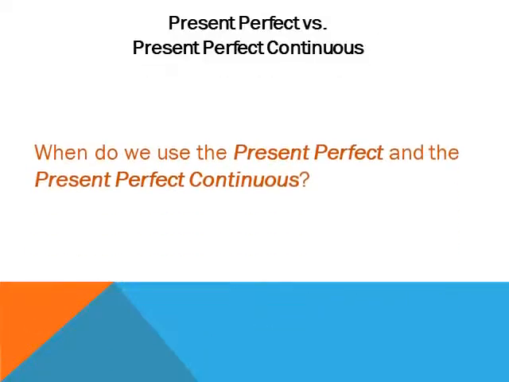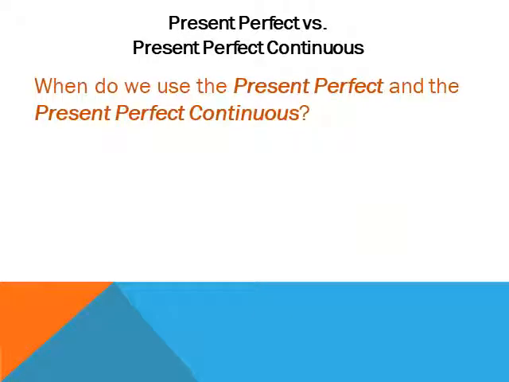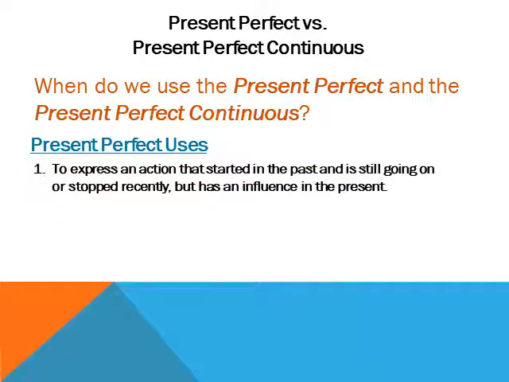So the question is, when do we use the present perfect and the present perfect continuous? Let's start with the present perfect uses. Number 1, we use the present perfect to express an action that started in the past and is still going on or stopped recently, but it has an influence in the present time.